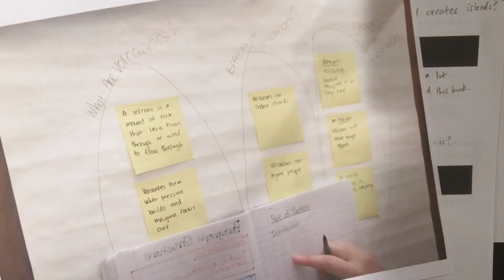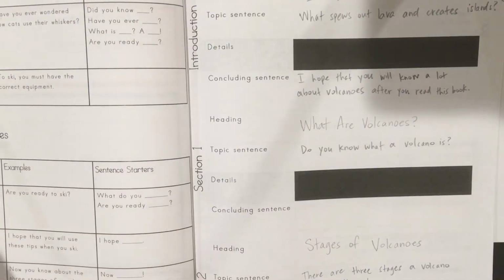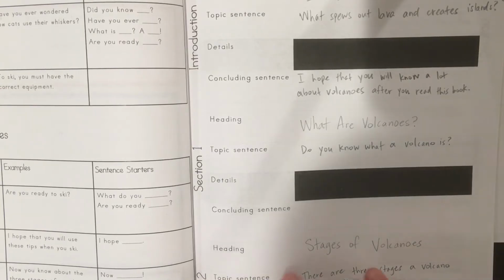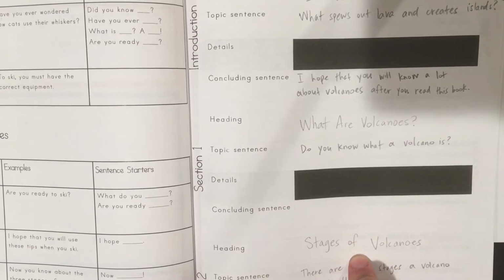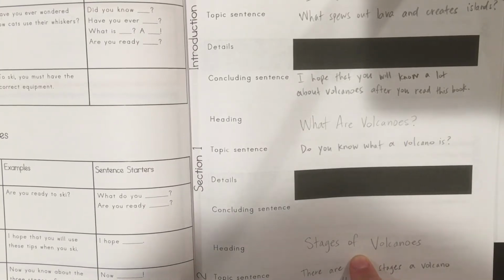Volcanoes form when pressure builds and magma flows out. Okay, so I can see that that section is about, because I'm going to be teaching my readers about volcanoes. I also see that what's coming next is about the stages of volcanoes. And that's a really exciting part.